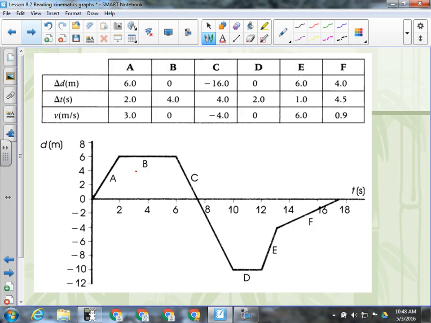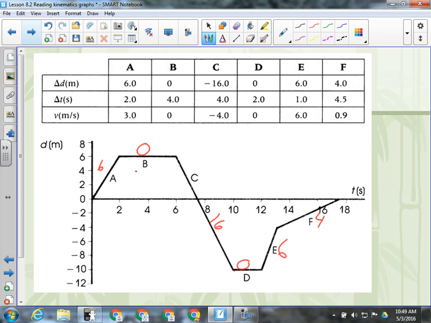You just add it all up. Remember, direction doesn't matter for distance. It's scalar. So how far does it go here? 6 meters. How far does it go here? Nothing. And it goes from 6 to minus 10, so that's 16. This is 0. This goes from 10 to 4, so it's 6, and this is 4. Now I know how long, distance-wise, each line is.